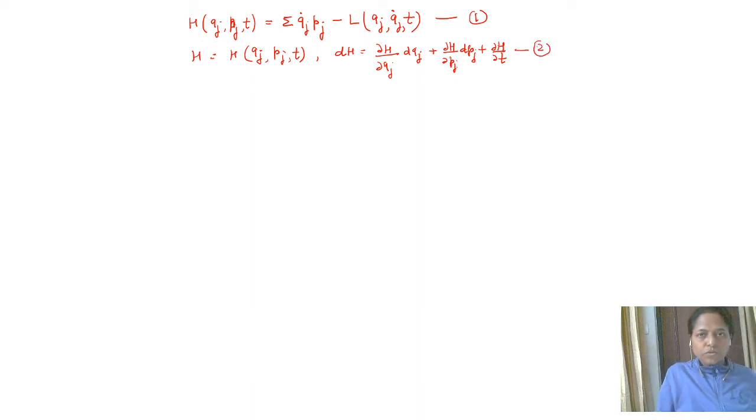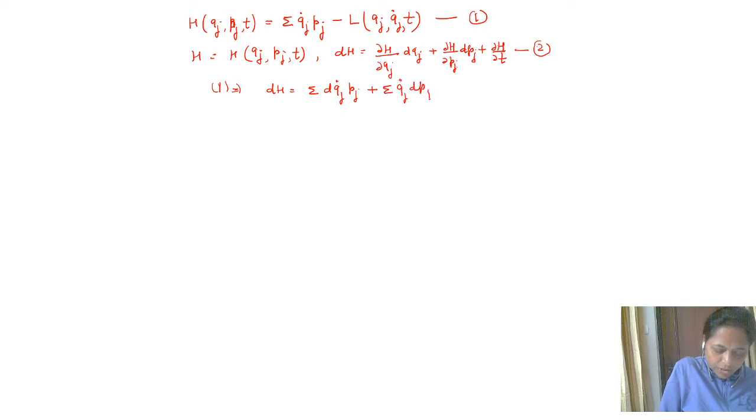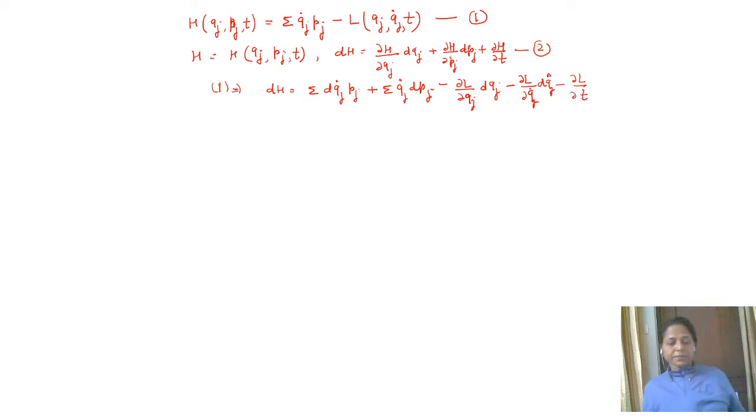And if I find the total derivative of H from 1, then I get dH is equal to summation dQj dot Pj, product of two functions, plus Qj dot dPj, then the total derivative of L, which will be delta L delta Qj dQj plus delta L delta Qj dot dQj dot plus delta L delta T dt, right?